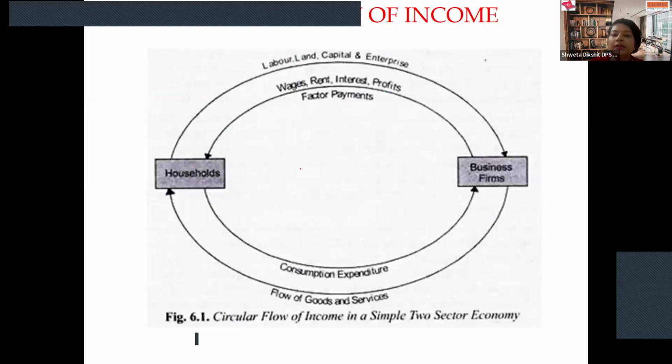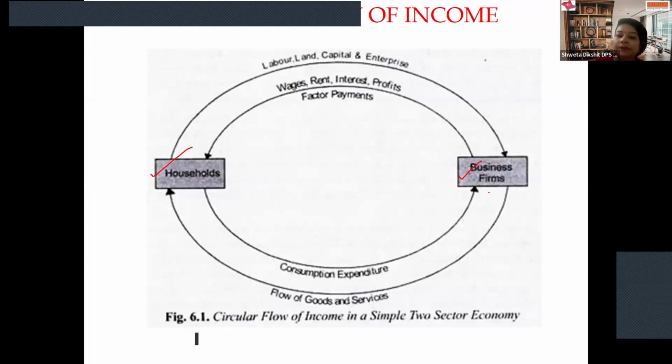The circular flow of income here is being represented with this diagram where you can see that there are only 2 sectors, which is business or firms, and the second is household. The households are also known as consumption or consumers, and the firms are also known as producers.